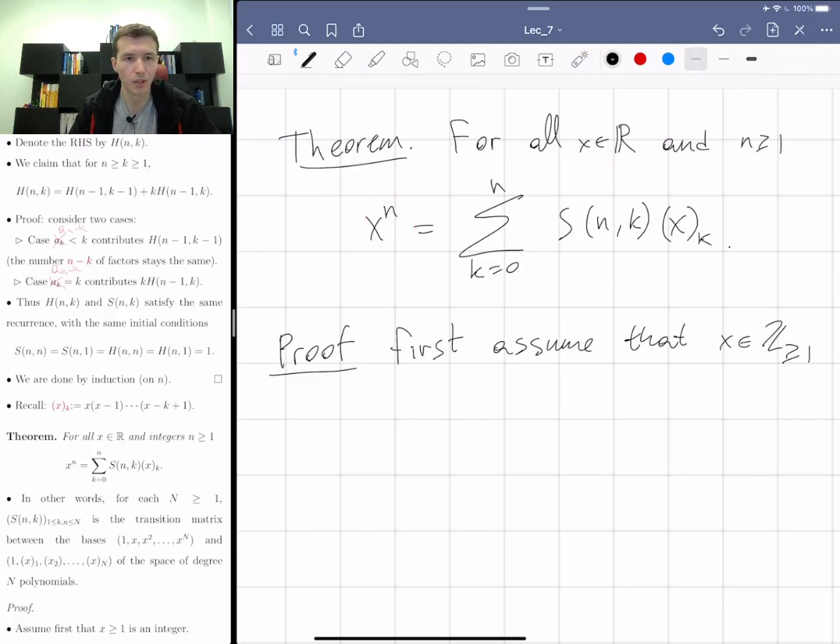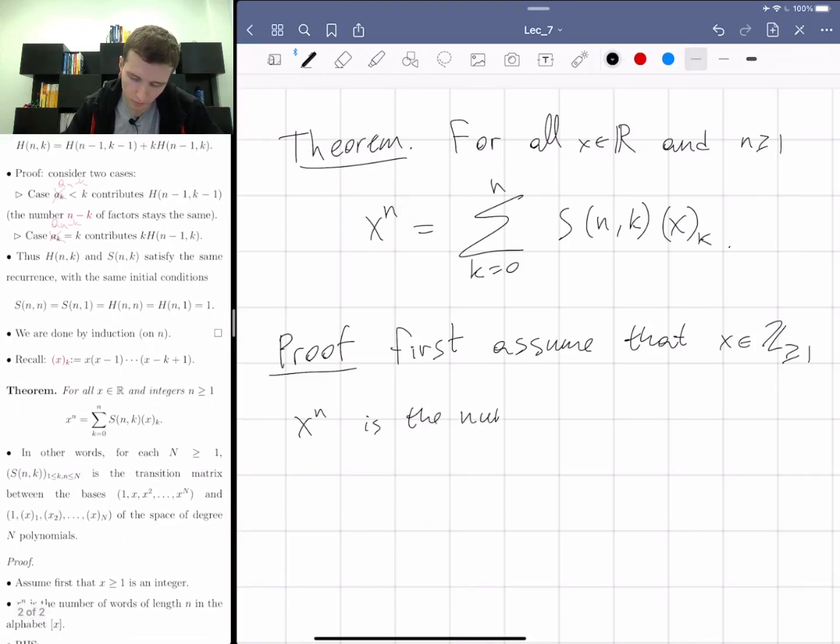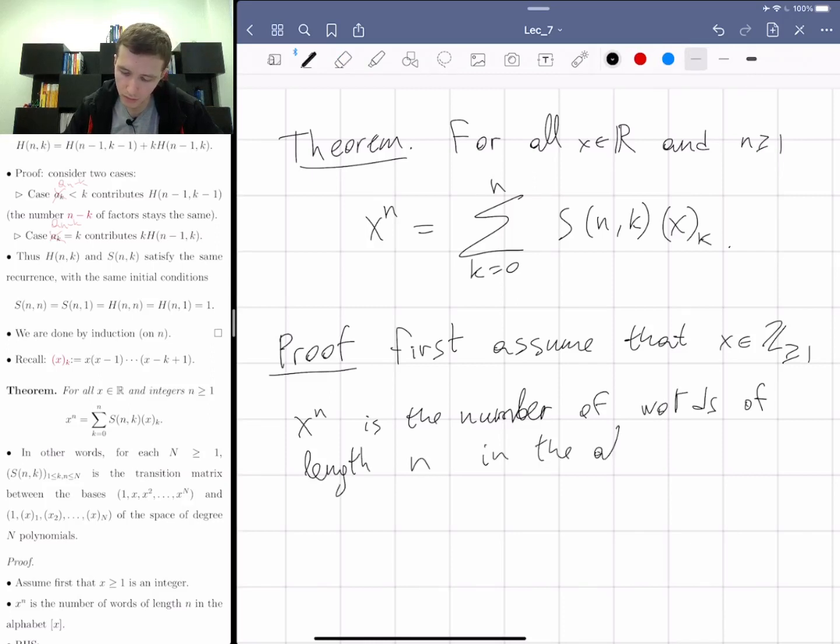Then I'm going to find a combinatorial interpretation on the left-hand side, which is extremely easy. x to the n is the number of all sequences, let's say words, of length n in the alphabet bracket x.